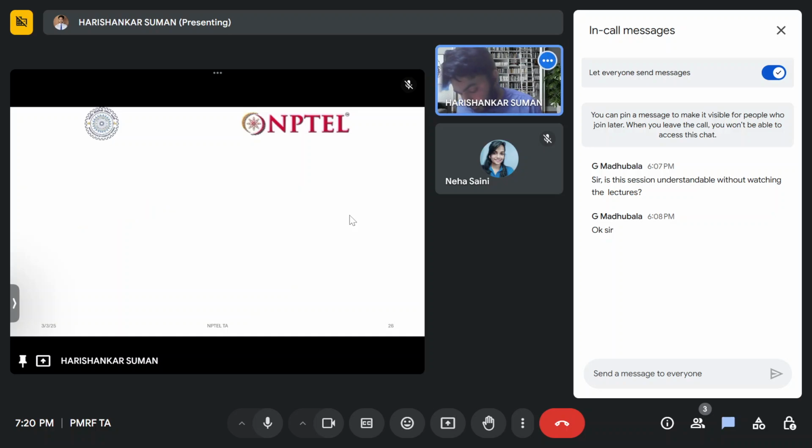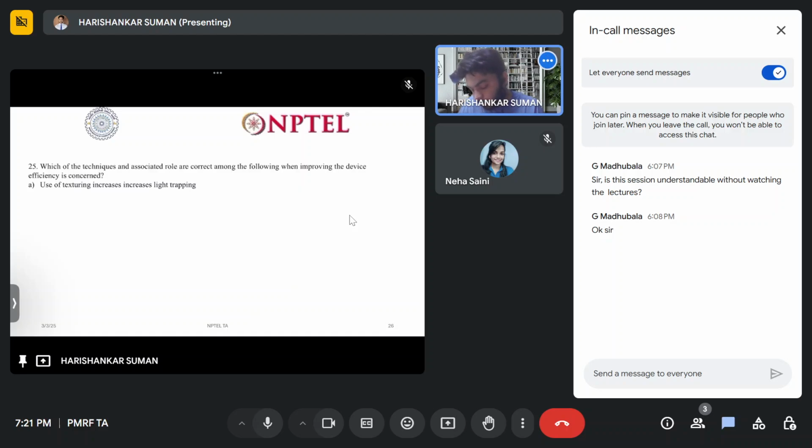Okay, so this is the last question for today's session. Which of the following techniques and associated roles are correct for improving the device efficiency? These are the options. Please answer this question. You can take 2 minutes.